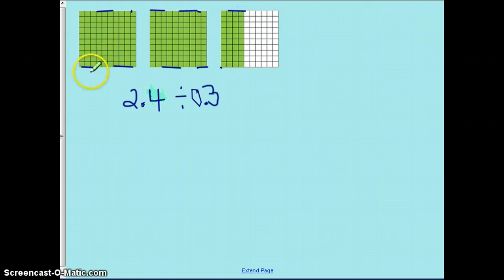Let's count how many groups. 1, 2, 3, 4, 5, 6, 7, 8. Now, if I was to move my decimal by multiplying this by 10, I would have 24.